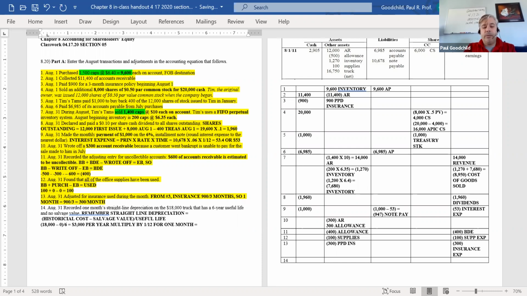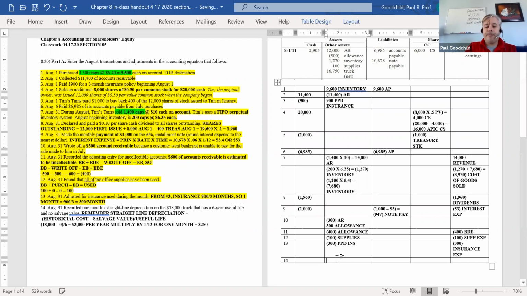And that's equal to $250. So we have $250 added to our accumulated depreciation and $250 in depreciation expense.